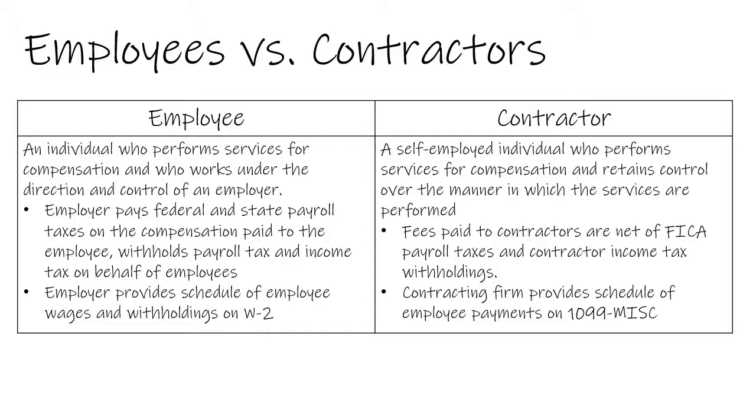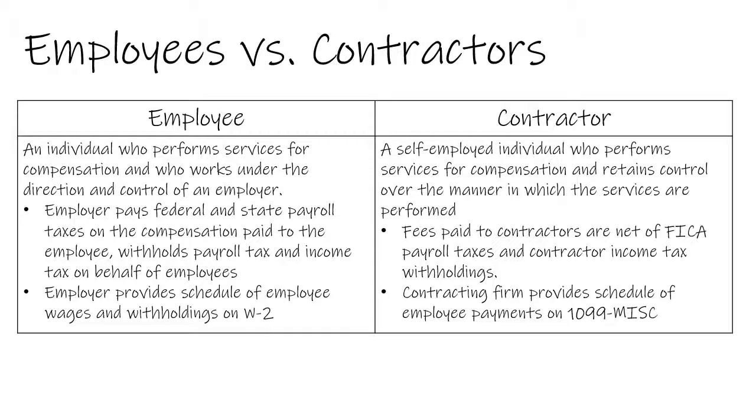The employer also withholds payroll tax from the employee's paycheck, as well as income tax for the employees. The employer is responsible for providing the IRS with a schedule of employee wages and withholdings on a W-2 form.